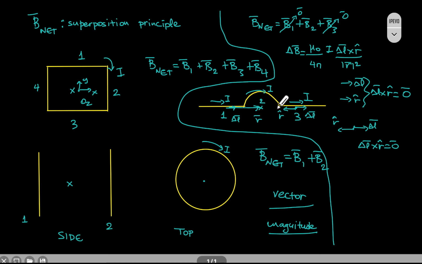But if you have a case where you want to find the magnetic field, say this is a straight wire and you want to find the magnetic field here, you will not have to worry about the contribution of that piece to the magnetic field. This is the reasoning. Make sure you remember it and use it to prove that this and this piece of current, they don't contribute anything to the net magnetic field, at least at that observation location.